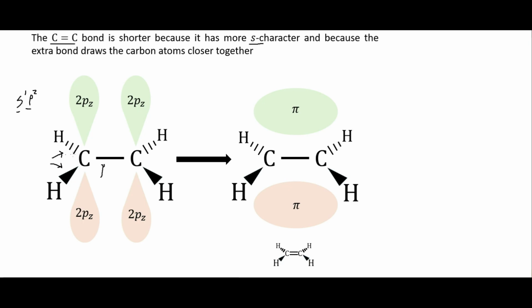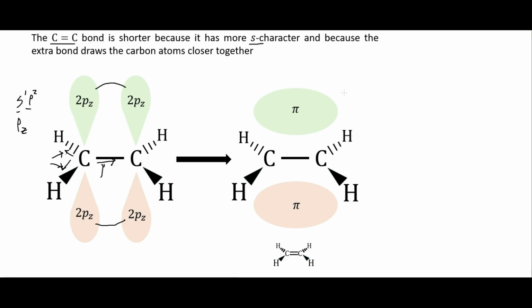So we could make three different bonds. So one to a hydrogen, another to a hydrogen, and then the other to the carbon. But then that leaves a free pz orbital, which is what we have here. And so these will actually interact in lobes above and below the plane of the molecule here. And so we end up with these two lobes here.